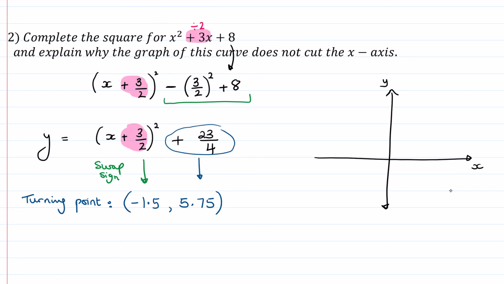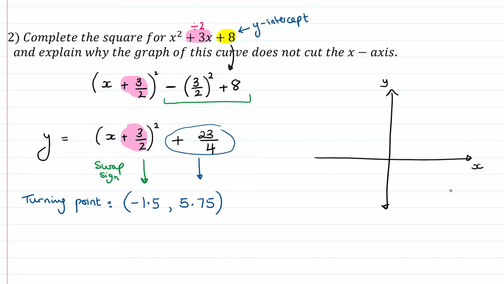And remember that the number at the end is the y-intercept. It's where the graph cuts the y-axis. In any equation, whether it's a linear equation, a straight line graph, or a quadratic or a cubic, the number at the end of a three-term quadratic is the y-intercept.